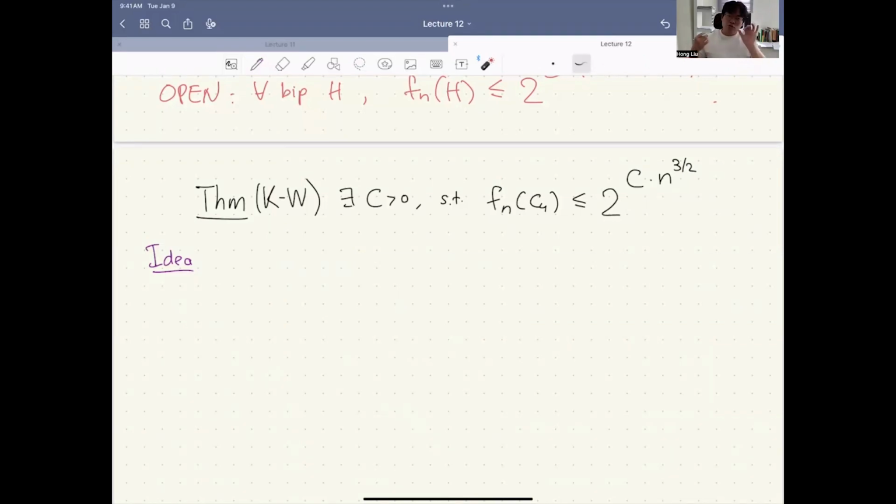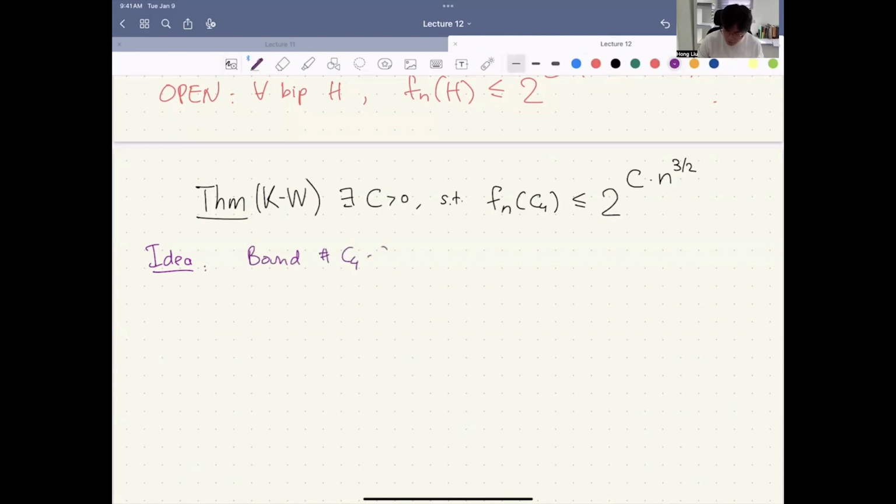And at every stage, when we add a vertex, we're going to build an auxiliary graph, which turns out to be the square of the graph. And this extension corresponds to an independent set in the auxiliary graph. So bounding the extensions, adding each vertex to build this C4-free graph, becomes bounding independent sets in a certain auxiliary graph.